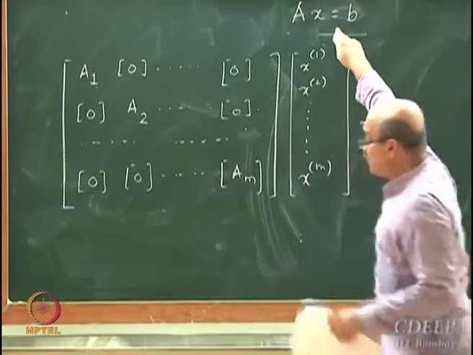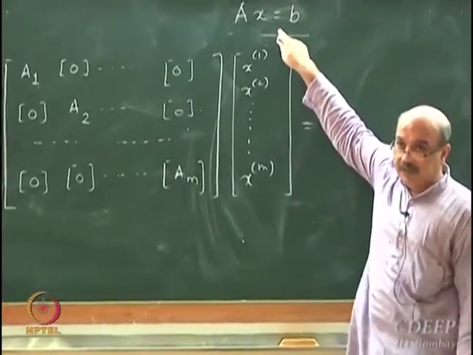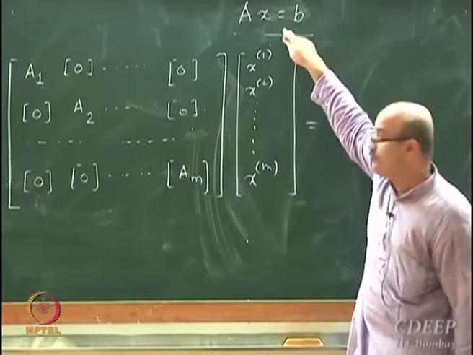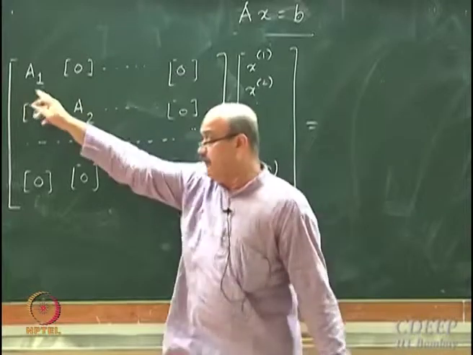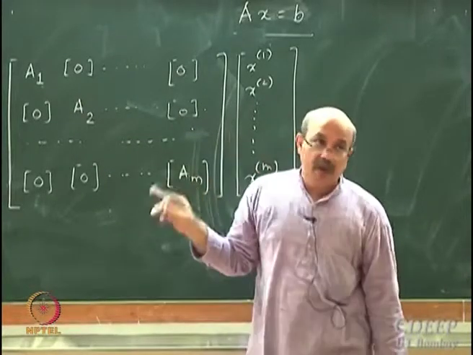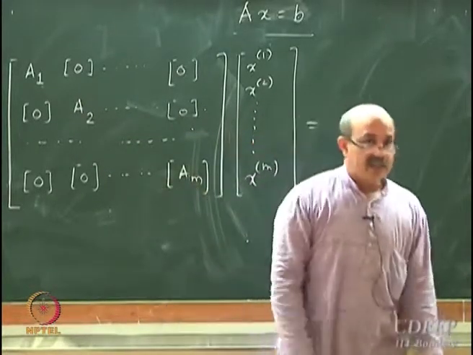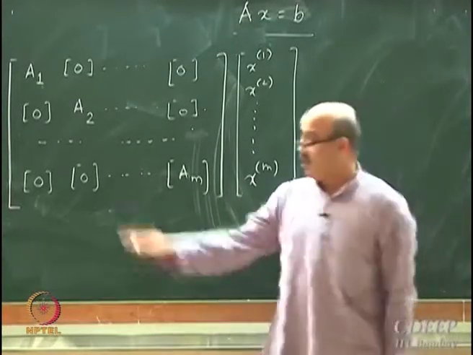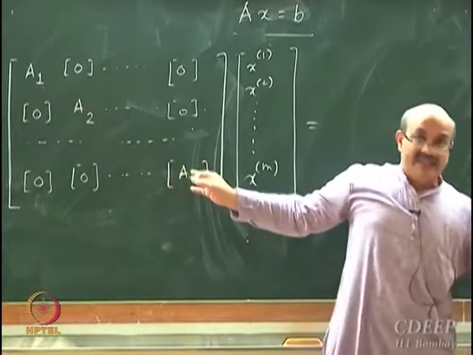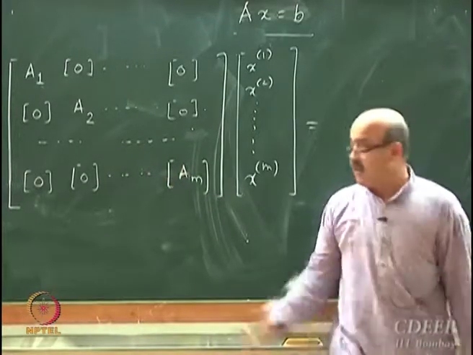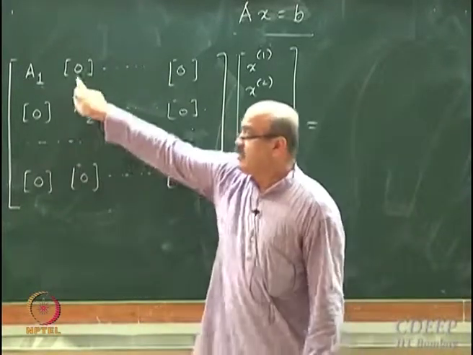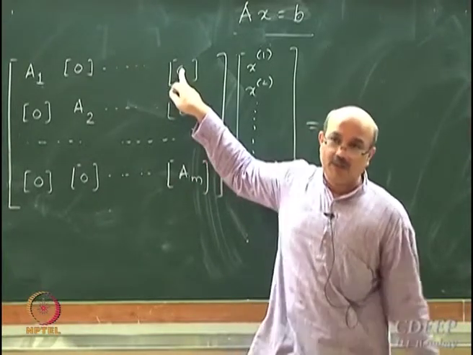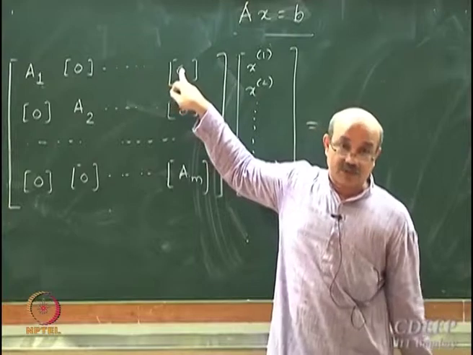Well, this original equation, which is Ax equal to b, I am writing in a block diagonal matrix form. Okay, here A1, A2 up to Am are matrices which are full. They don't have too many zeros. These matrices are typically dense matrices, not sparse matrices. But all these square zeros are actually matrices of appropriate dimension which contain only zeros.